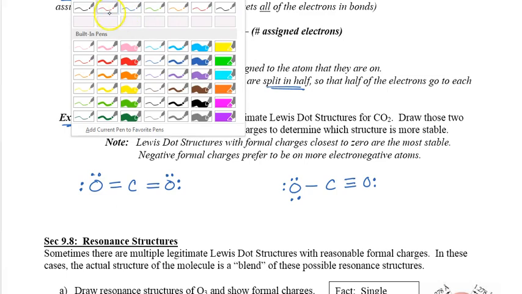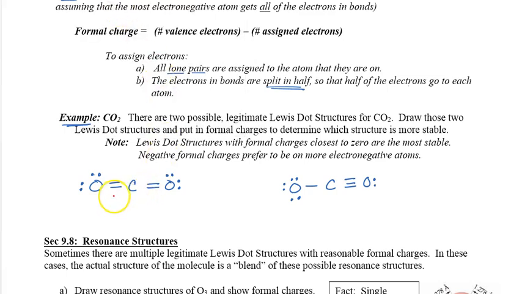To put in formal charges here, we're going to look around each atom. This oxygen atom has a total of 6 valence electrons. Now we want to figure out how many assigned electrons it has. We're going to count all the electrons in the lone pairs, so that's 4.